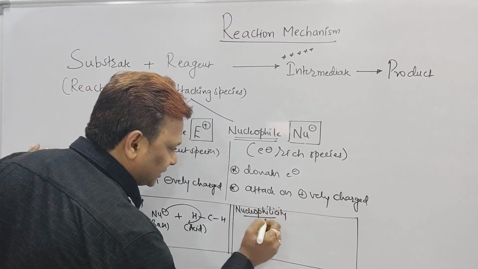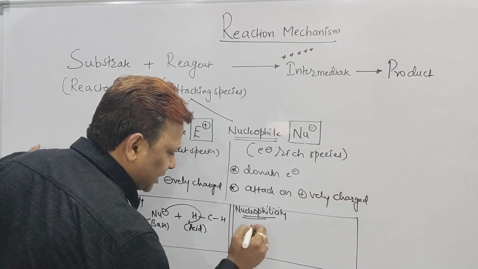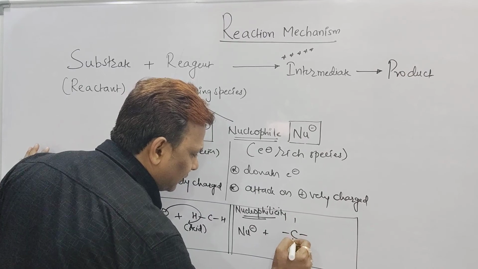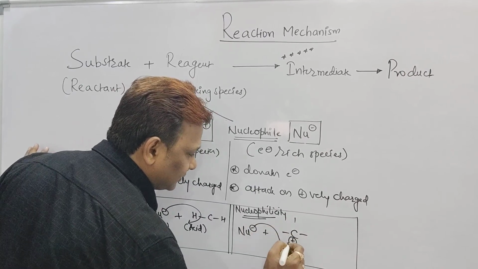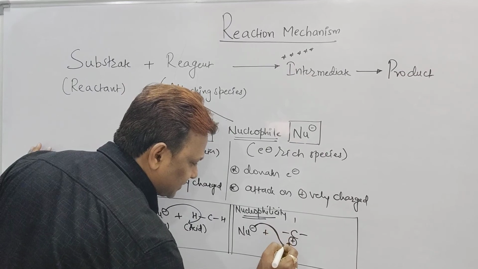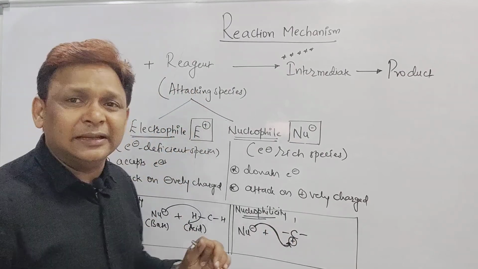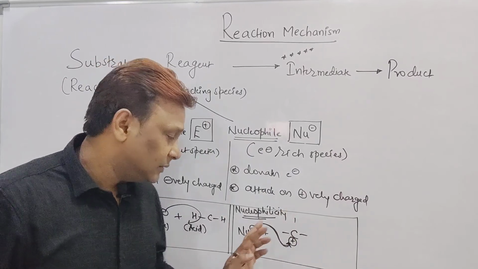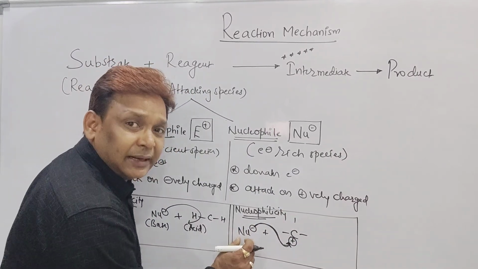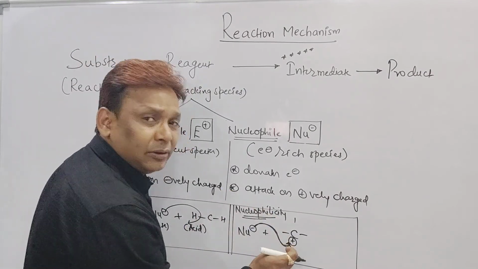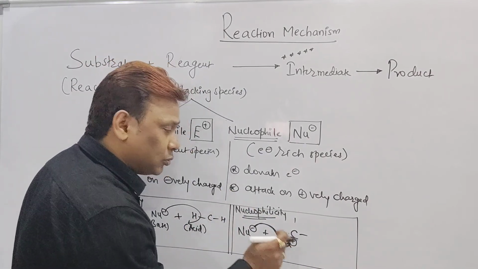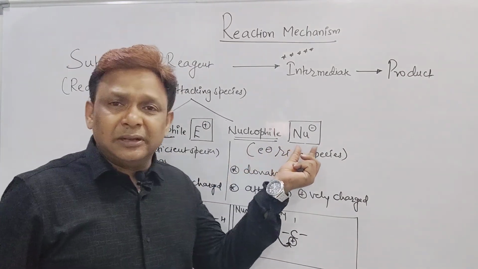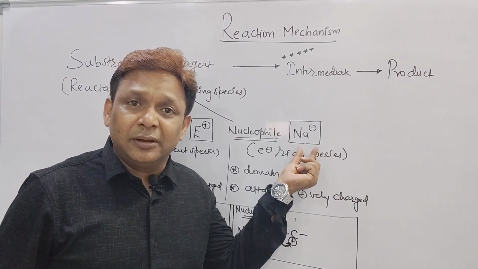Beta, nucleophilicity means these negatively charged species will attack on an atom other than hydrogen. Did you see? Negatively charged species will attack on the atom. I didn't mention it is a carbon. It will attack on the atom other than hydrogen. Then this tendency of the negatively charged species attacking on the atom other than hydrogen is called its nucleophilicity. Means can we say, beta, this negatively charged species will also act as a base.